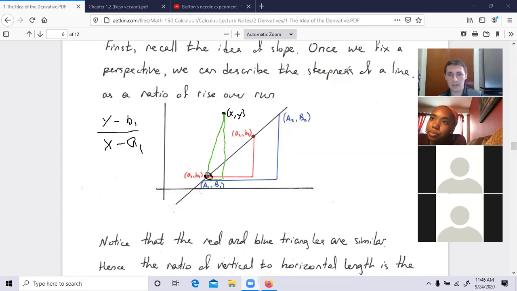Then you're claiming that this green triangle is similar to the red triangle. The new slope is bigger, correct? The new slope is bigger.